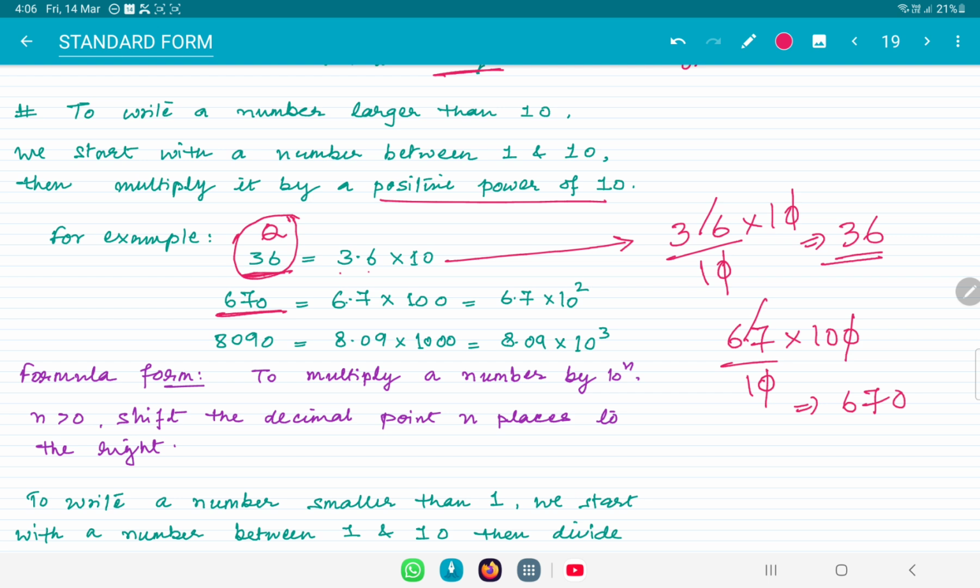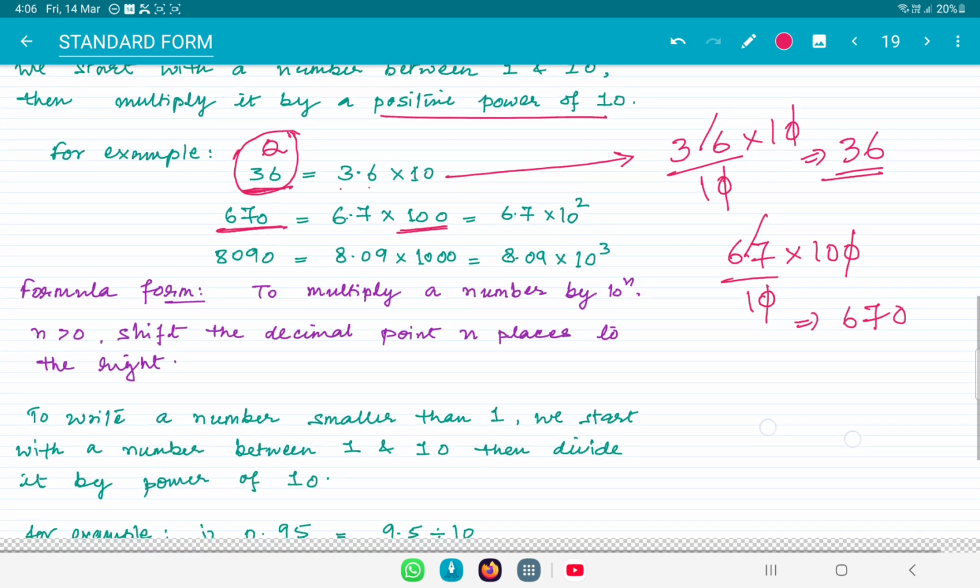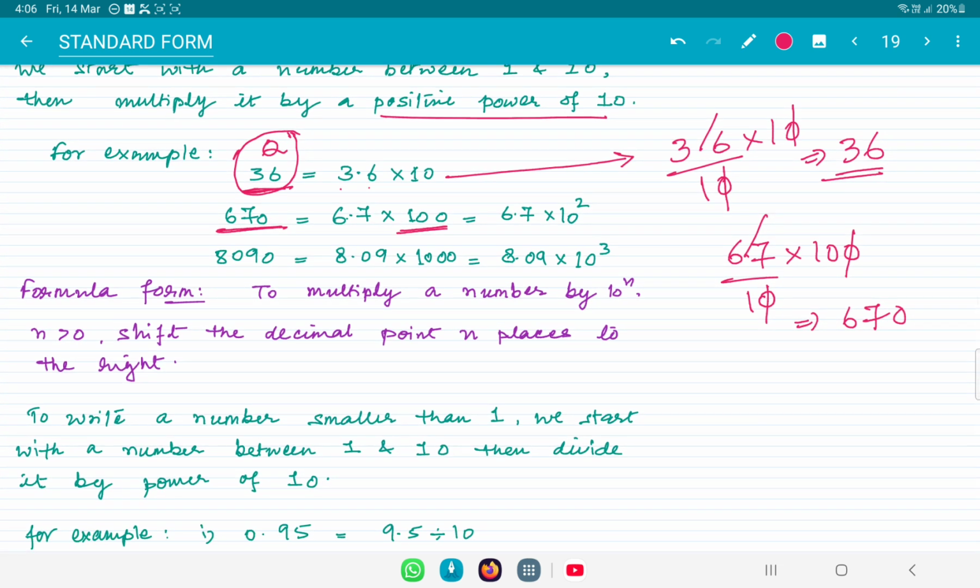So 670 can be written as 6.7 into 10 raised to the power 2, because 100 can be written as 10 raised to the power 2, as we have already seen in the index laws. Next question is 8090.